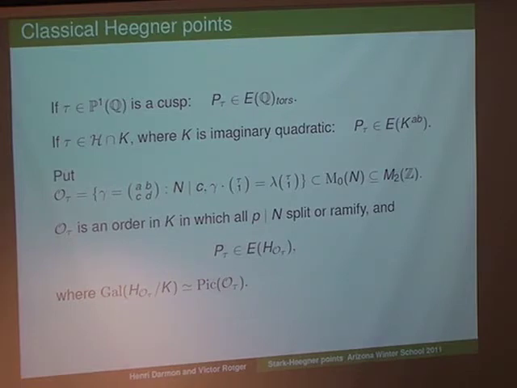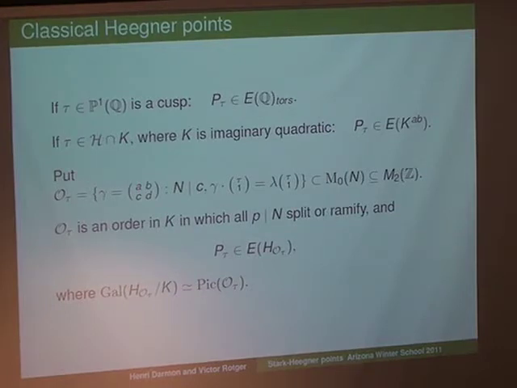Okay, so if you had chosen from the beginning a K in which some P dividing the level is inert, what you get is that this P will be inert in K, of course, but will ramify in O tau, meaning that it divides the conductor of this order. Okay?